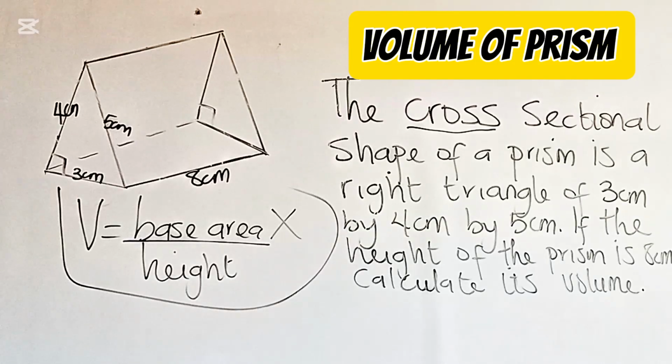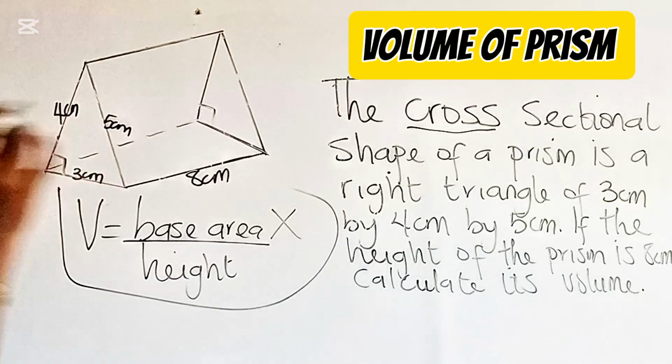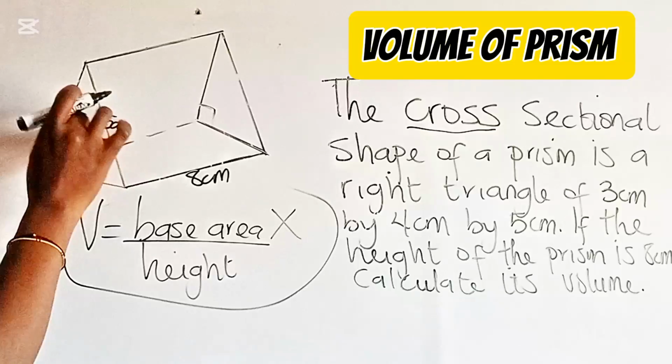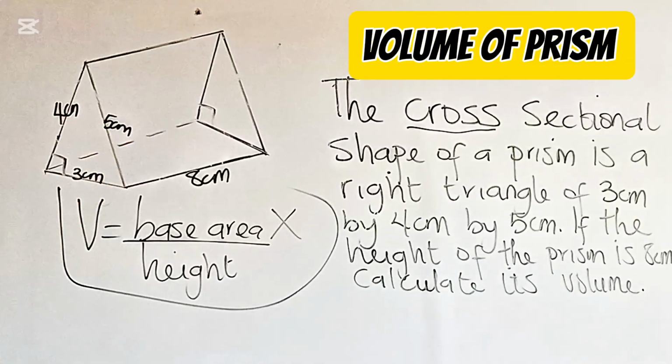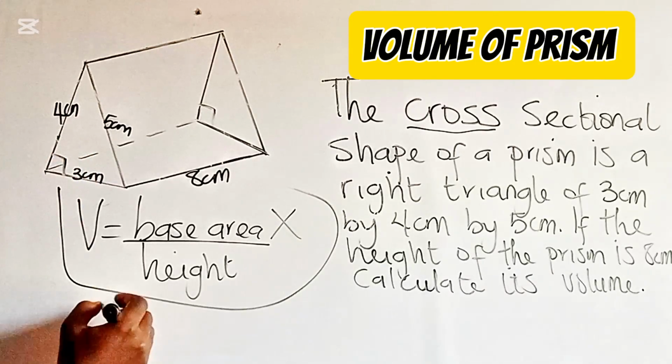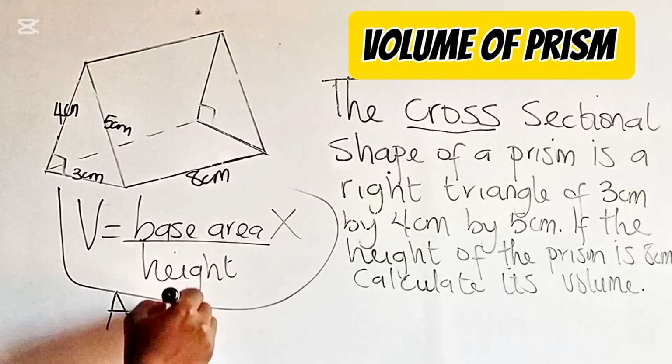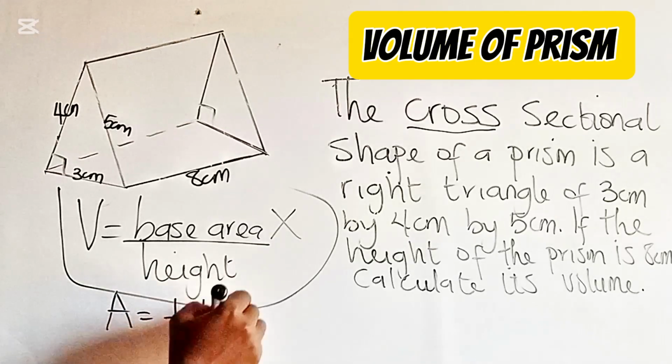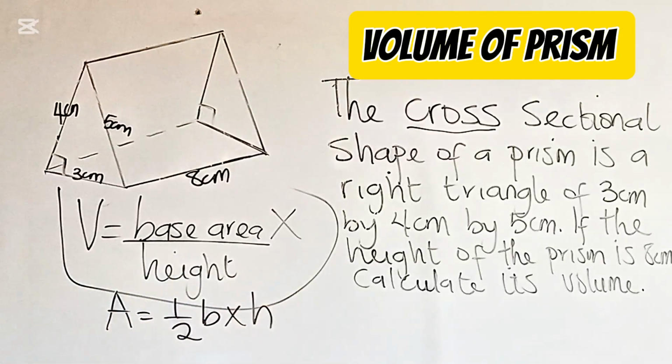And from the question, we already know that the base of the prism is a right triangle. So the base area is going to be the area of the triangle. Area of a triangle A is equal to half base times height.